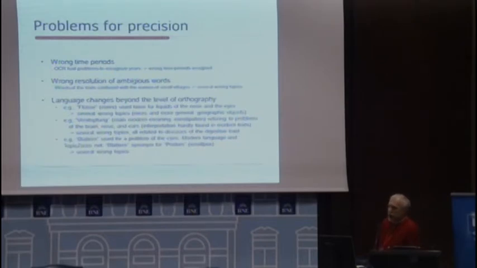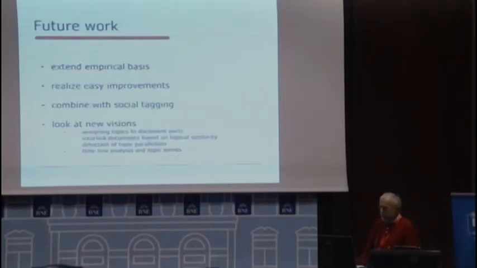And the special problem again was language change beyond the pure level of orthography. I'll just take one example here. The word Flüsse, which means rivers, was used in these pages for liquids of the nose and of the eyes, which is completely strange in modern text. This led to several wrong topics, rivers and more general geographic objects, which were assigned by our automated methods.